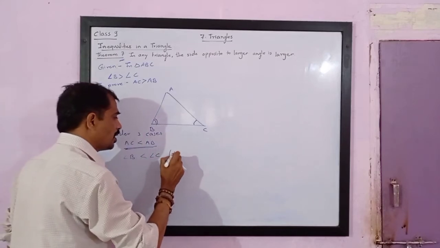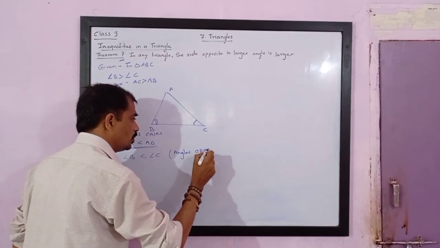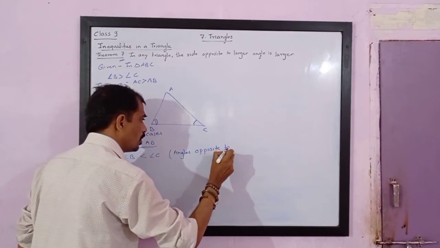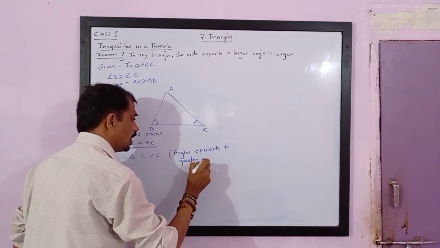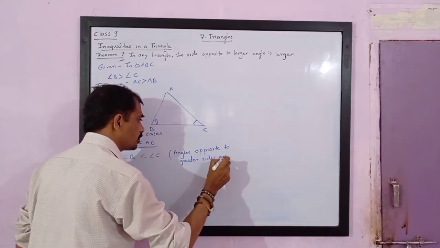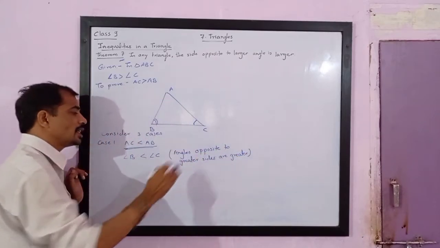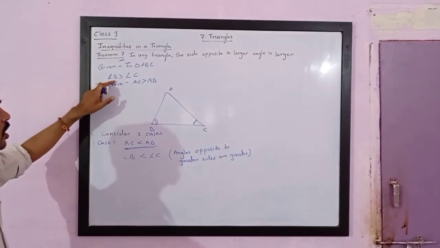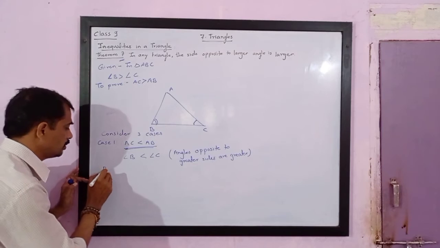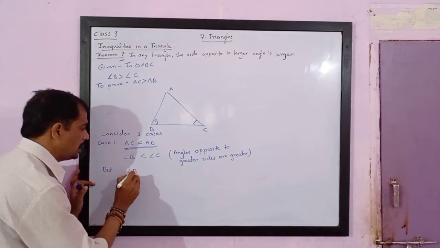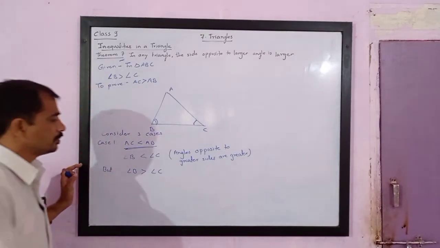That is, angles opposite to greater sides are greater. But what is given to us? We are given that angle B is greater than angle C. Watch carefully.